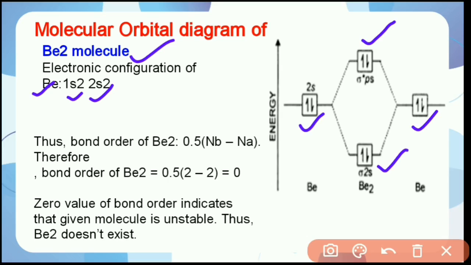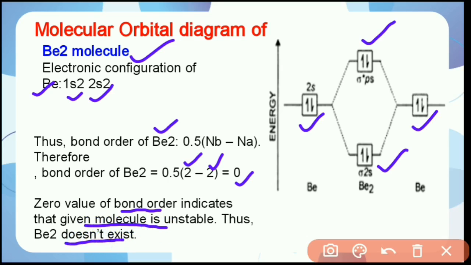When we calculate the bond order of the beryllium molecule, putting in the bonding and anti-bonding electrons, we get 0. A bond order of 0 indicates that the molecule is unstable, and thus the beryllium molecule does not exist.